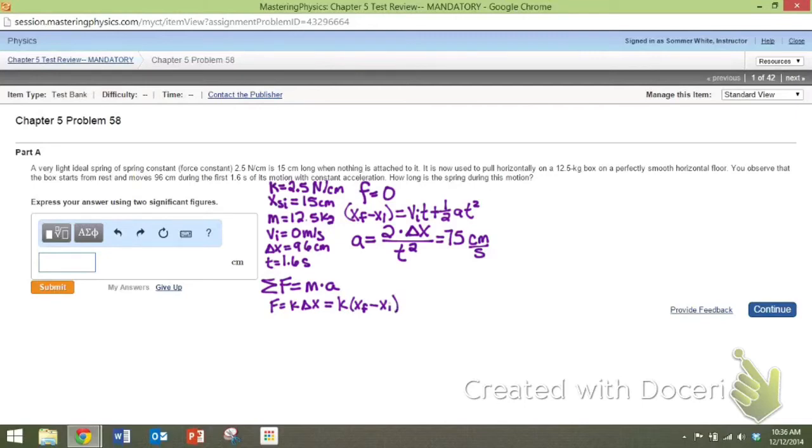All right, when we put this all together, we end up with the fact that m times a is equal to k times xf minus xi. We are ultimately looking for one particular value, and that value is this xf.